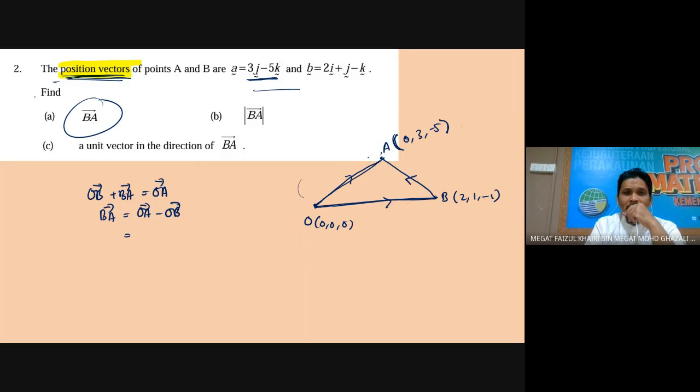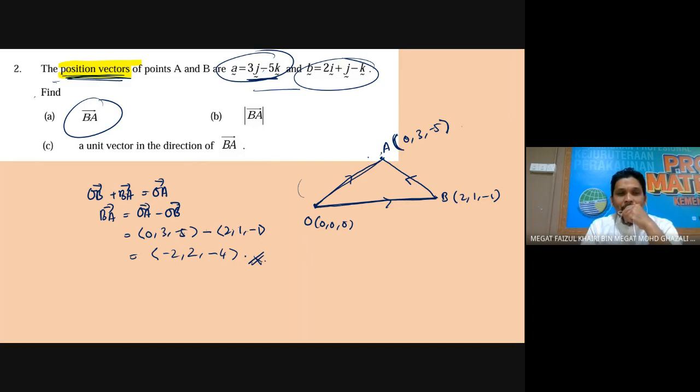Take OA, 0, 3, and negative 5, minus OB, which is 2, 1, and negative 1. So 0 minus 2 equals negative 2. 3 minus 1 equals 2. Negative 5, negative, negative, positive, so negative 5 plus 1 equals negative 4.